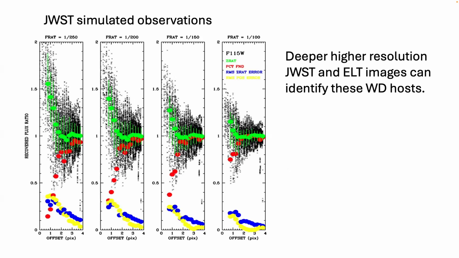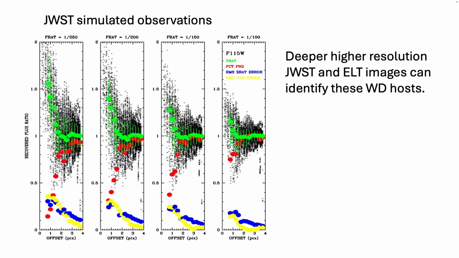Finally, how can we detect and confirm these planets that could be FFPs or wide orbit planets around white dwarfs? For that, like Dave mentioned, we can take deeper JWST observations.